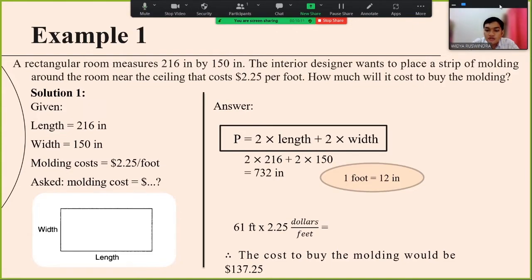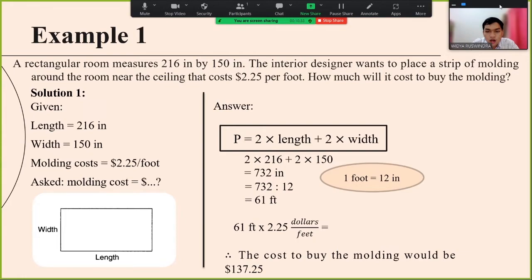We know 1 foot equals 12 inches. So 732 inches divided by 12 equals 61 feet. Okay.